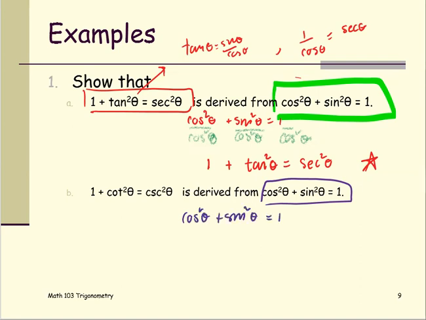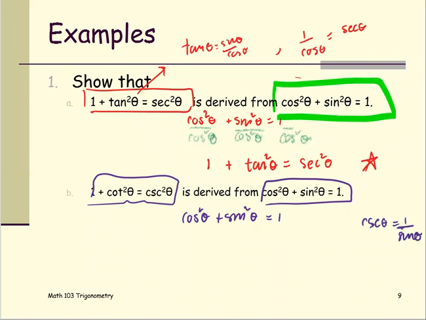to derive 1 plus cotangent squared theta equals cosecant squared theta. The left-hand side has 2 terms, the right-hand side 1 term. Or you can think this way to obtain the cosecant squared theta: note that the cosecant is the basic function 1 over sine theta.